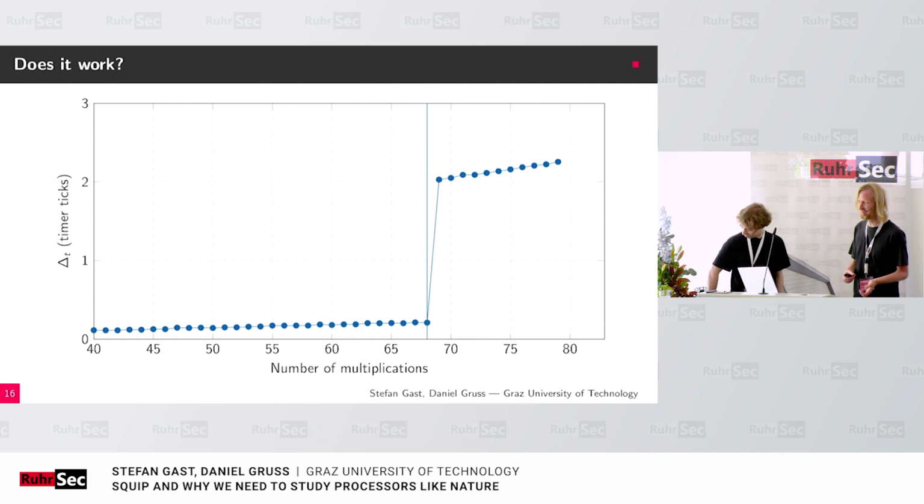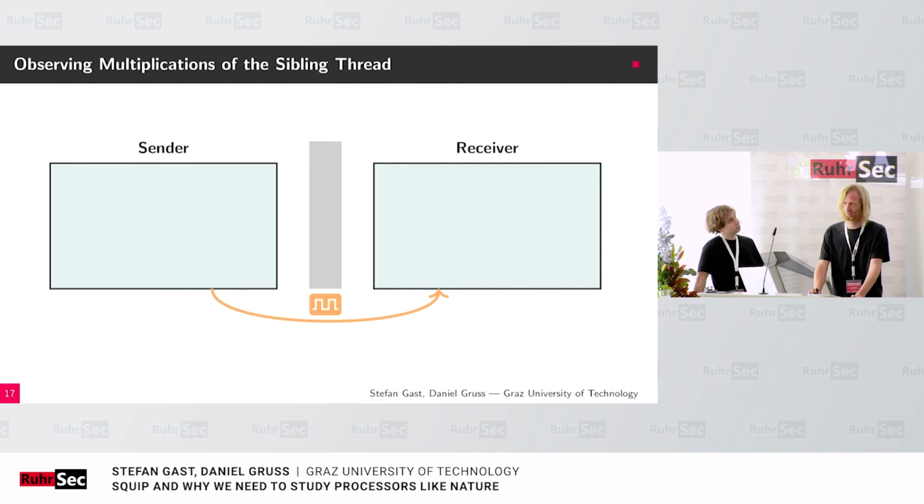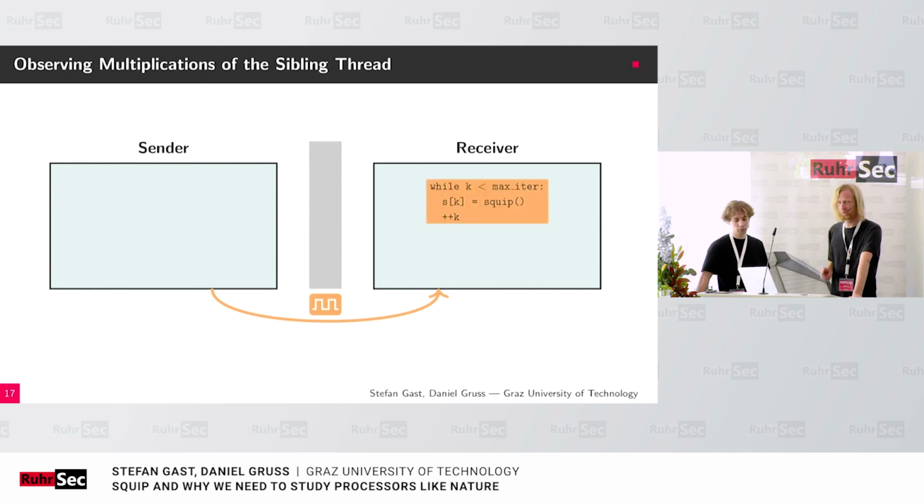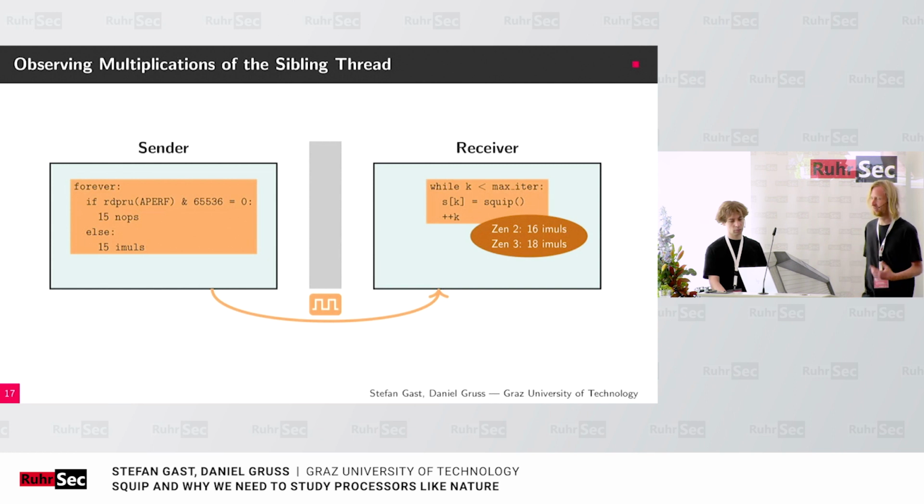So remember what we want to do is observe when the victim performs some multiplications. We first test this by using a very simple sender and a very simple receiver. In the receiver, we basically just sample our measurement over time. And in the sender, we just send a 1 for a specific amount of time and a 0 for a specific amount of time.